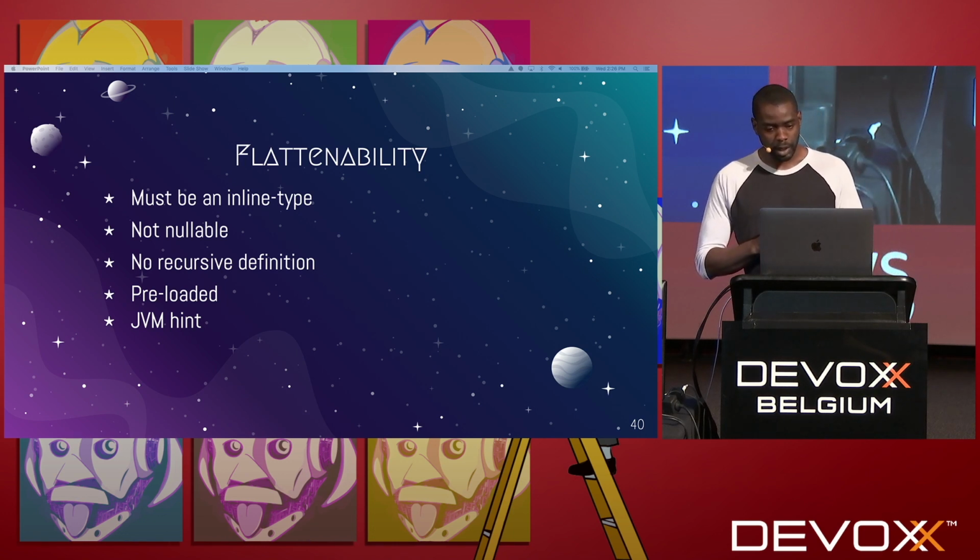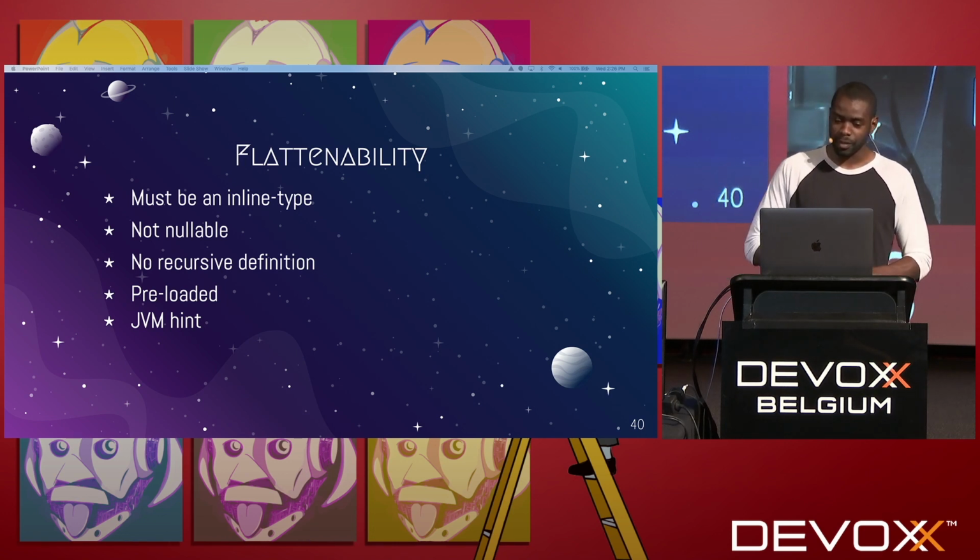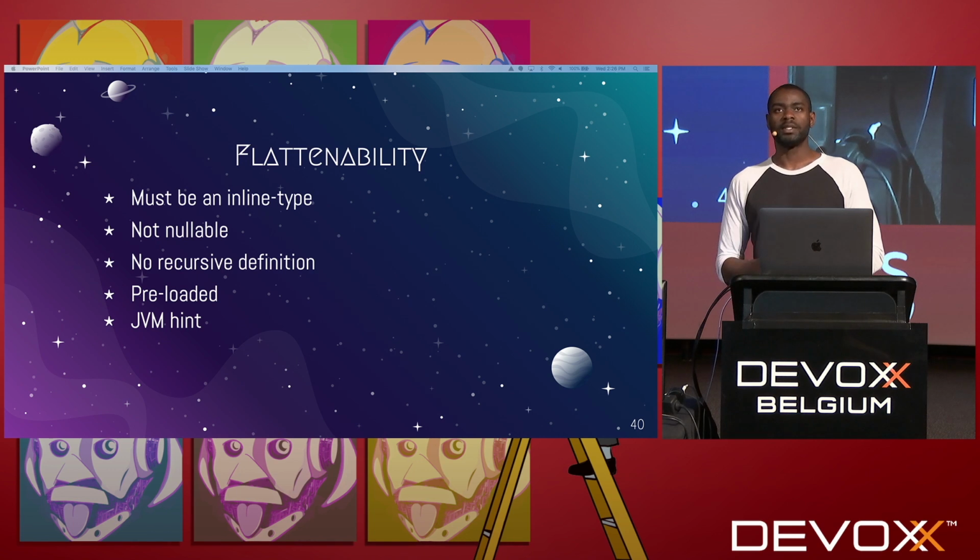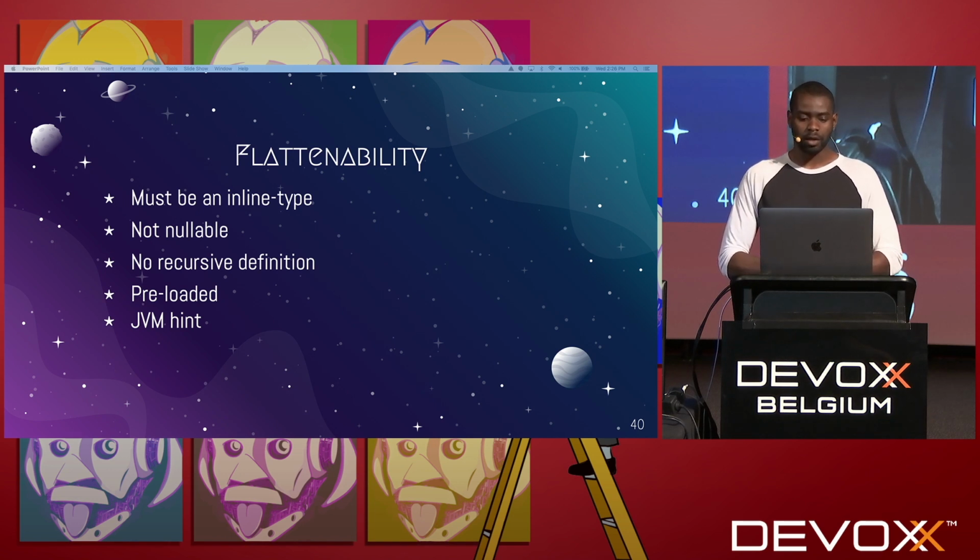So, as previously mentioned a few times now, inline types are flattenable, which means they can be embedded in their containers, as we saw in the earlier examples. So as a consequence of this, a flattenable field cannot be null, so inline types are not nullable. When a field is flattened, all the bits are used to represent data, so there is no way to represent null.